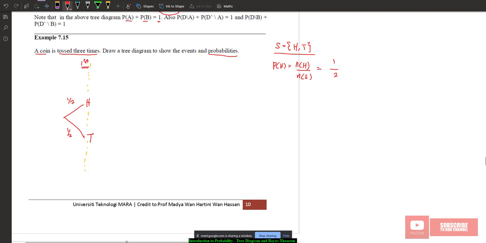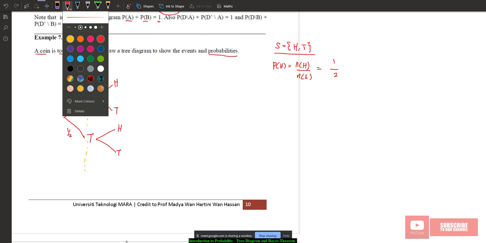For the second toss, if the first toss you got head, the second toss you still have two possible outcomes for tossing a coin, right? Because a coin has only two possible outcomes, either head or tail. If the first toss you get tail, the second toss you still have two possible outcomes.